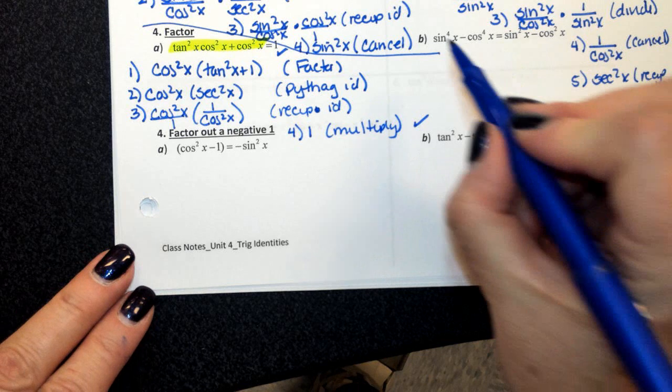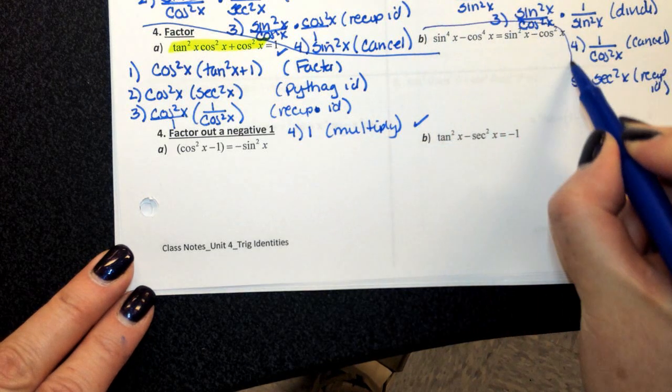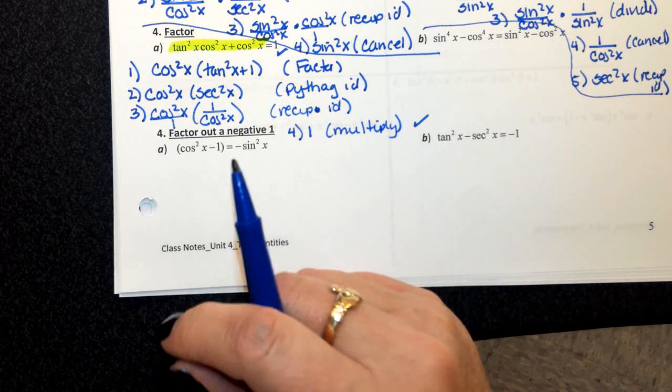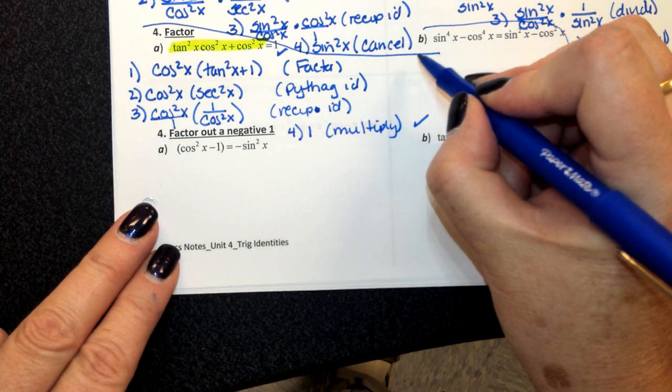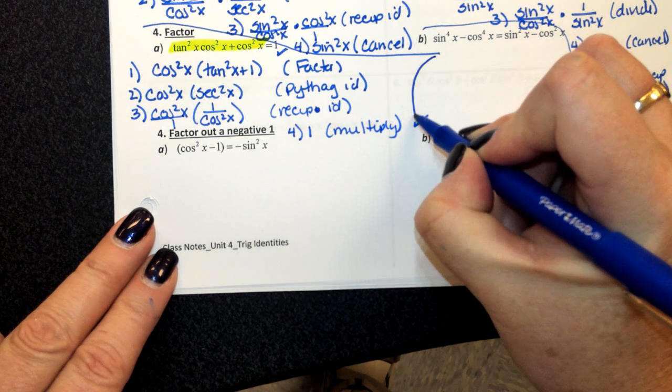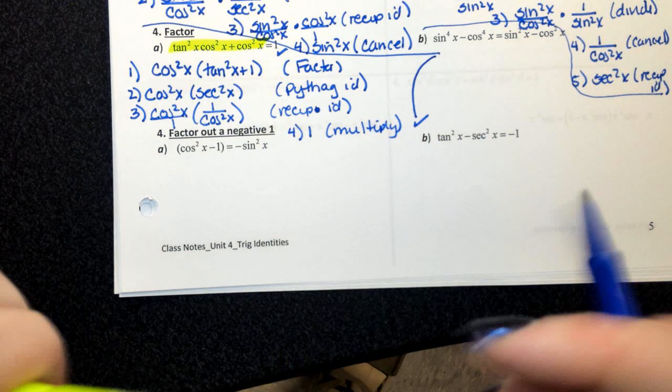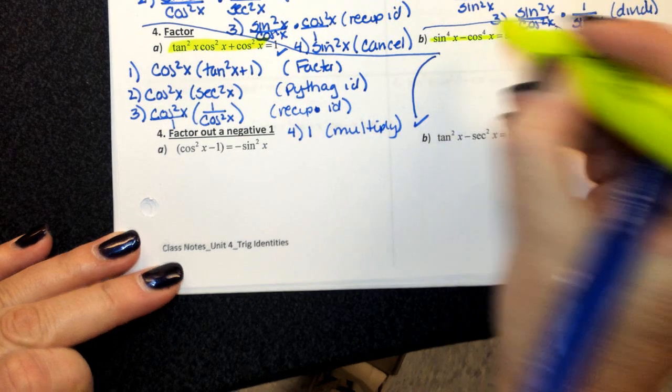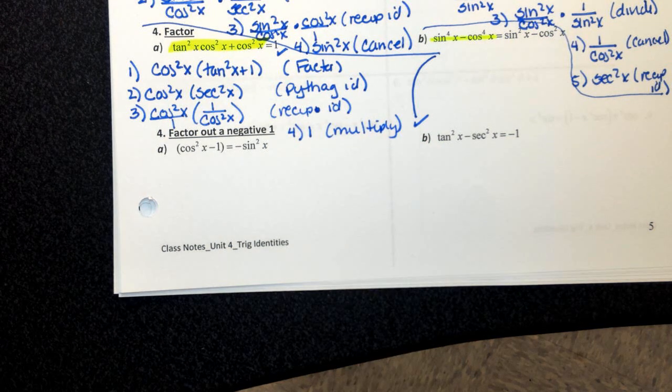Look at B. Which side in B is your more complicated side? The left side, because you have sine to the 4th. How could you factor sine to the 4th x minus cosine to the 4th x? Which pattern? There's no GCF, so there's a binomial. There's only 2 ways you can factor binomials.